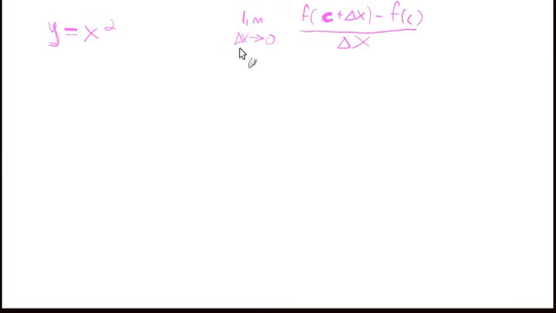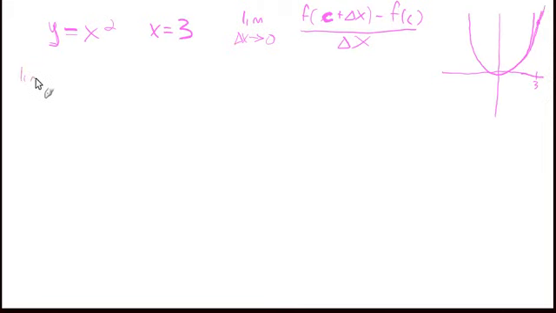So let's say I put in that x is 3. Where x is 3, I want to know the slope of this curve. And remember, this is a parabola, it goes through the origin. And somewhere out here at 3, I want to go up on this thing and know the slope of the tangent line.